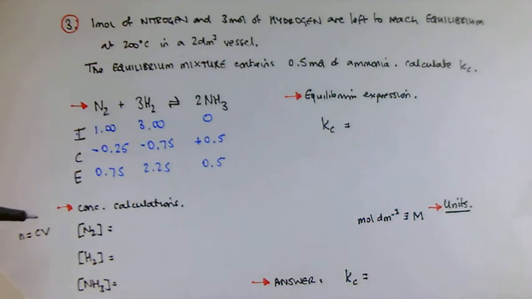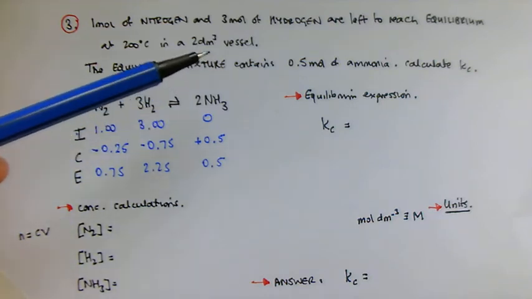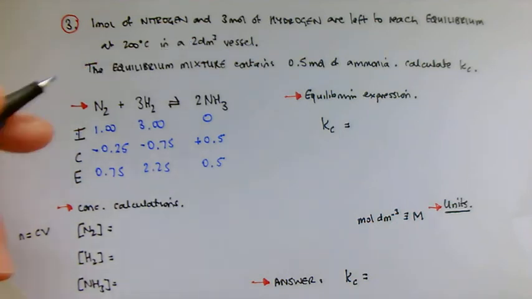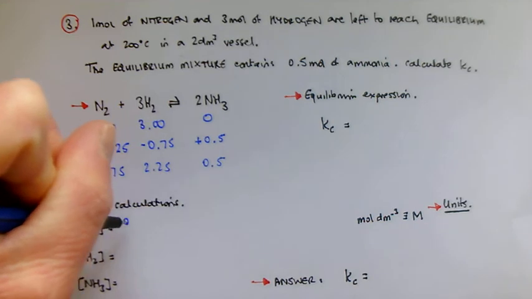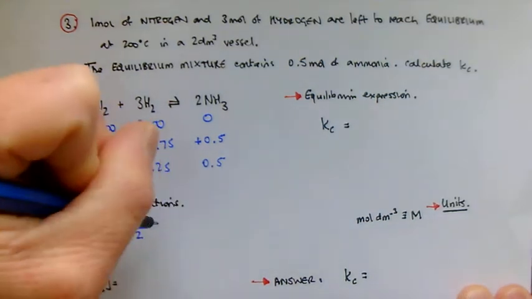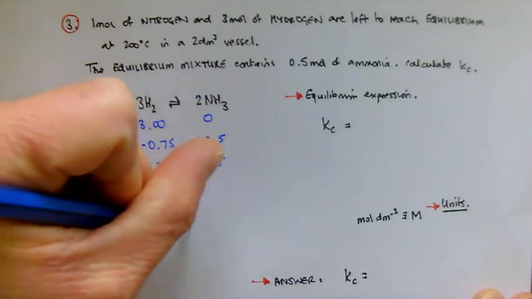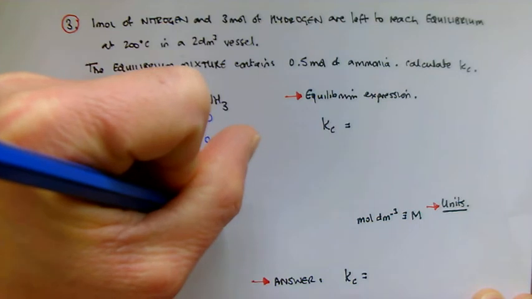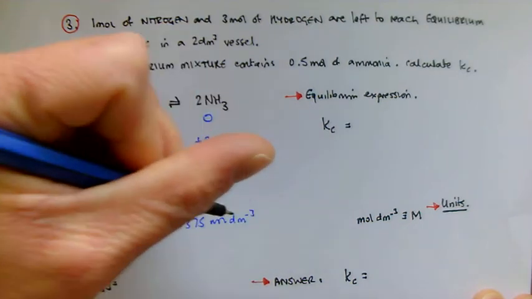So then we can calculate the concentrations of these by doing moles equals concentration times volume. It is all in a 2 decimeter cubed vessel. So what we do is we take 0.75 divided by 2, which is 0.375 mole per dm cubed.